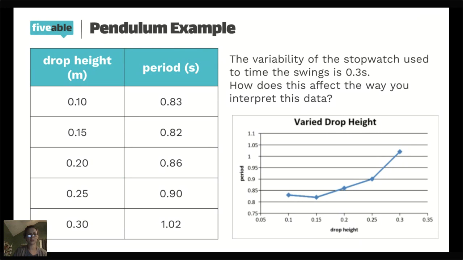It's 0.19 or 0.2 seconds is the spread in the entire range of data that we got during the whole experiment. But we know that this stopwatch could be off by as much as 0.3 seconds. So what do you think that means about this nice trend that you're seeing on this graph, this pretty upward slope that looks pretty convincing if you just glance at it, or if you don't know anything about the error involved?